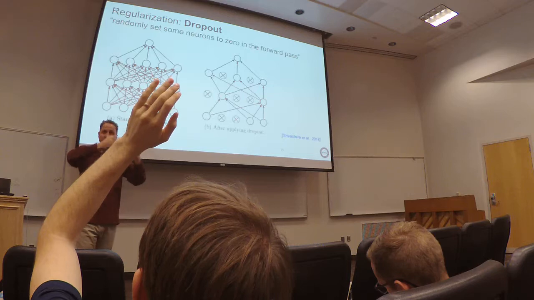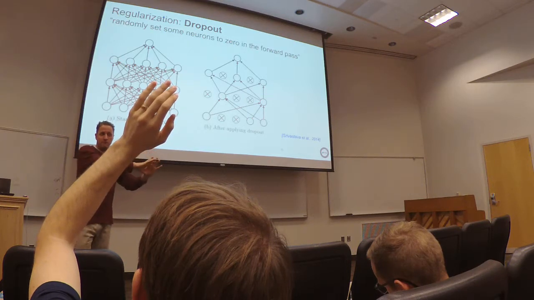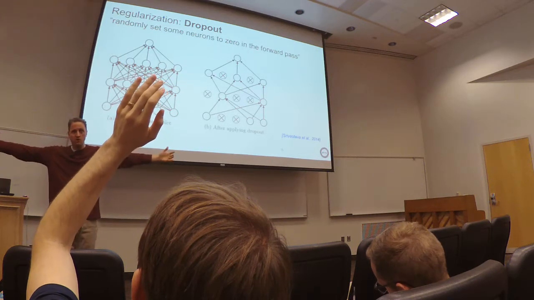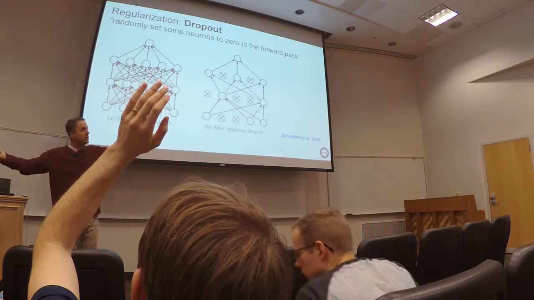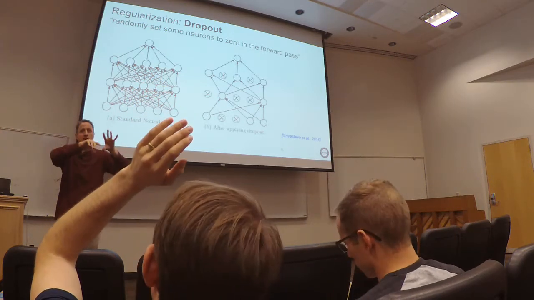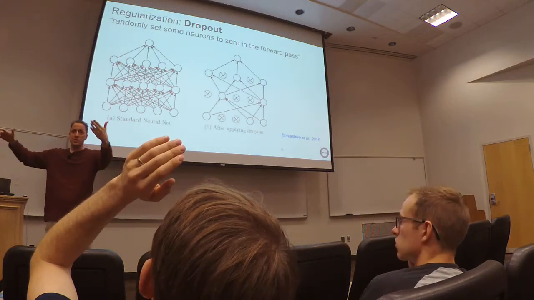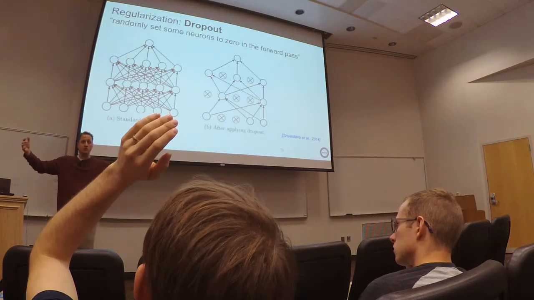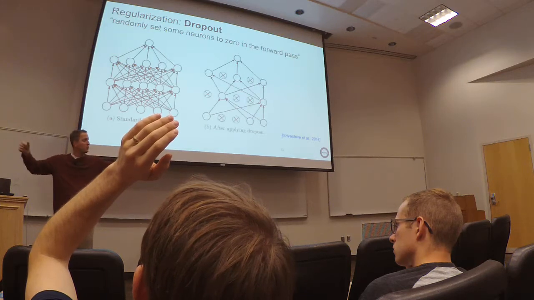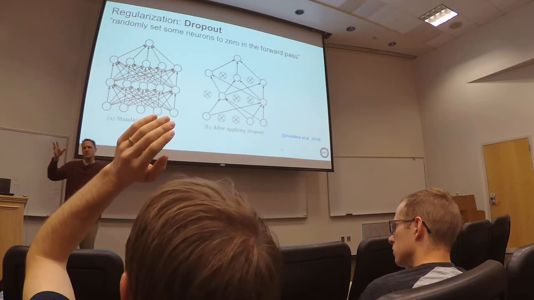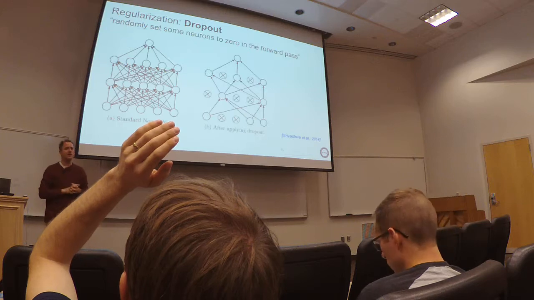But because we do different subsets of neurons, we have many such small networks, and because we're tying all the parameters together, reusing weights across all of these, this becomes what's called an ensemble method in machine learning, where we have an entire family of predictors, we're training them all simultaneously, and then somehow averaging their predictions back together at the end.